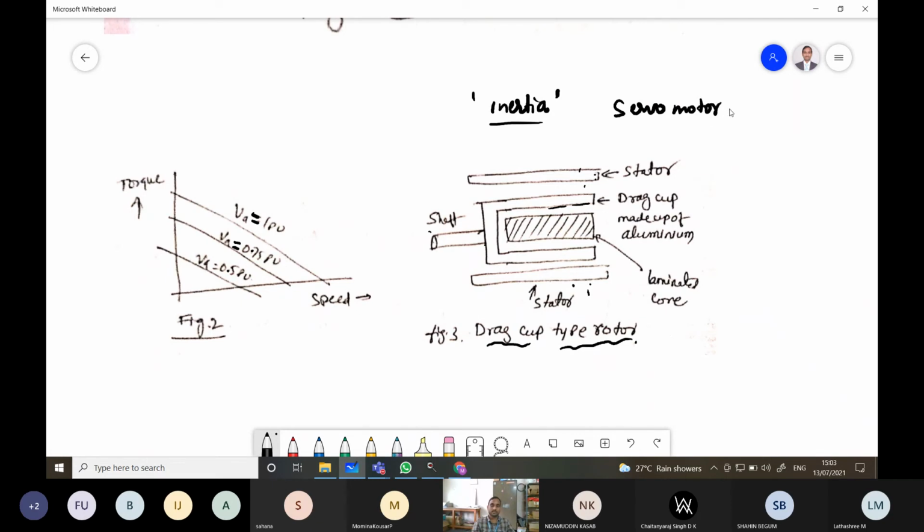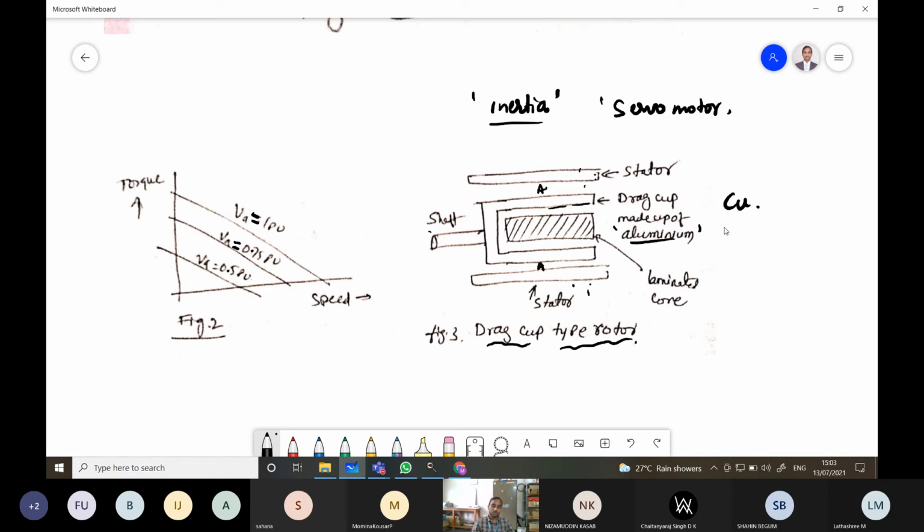There are two air gaps present here. This is one air gap, and this is the other air gap. The drag cup is made of non-magnetic material, especially aluminium.